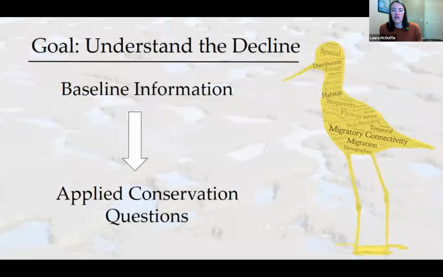So the ultimate goal of our study is to understand what is causing the decline of the lesser yellowlegs. Here I'm going to highlight how we can use baseline information such as migratory connectivity and the understanding of different migratory routes to address conservation questions such as exposure to shorebird harvest.